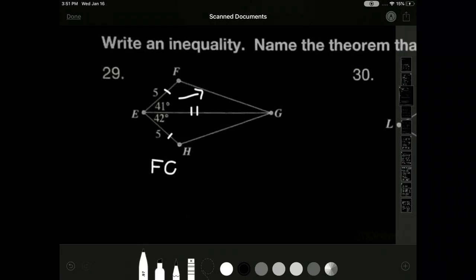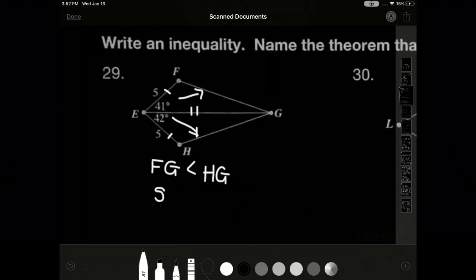And opposite 42 is side HG. Now, 42 is bigger than 41, which means that HG is bigger than FG. And the reason we can say that is by SAS inequality.